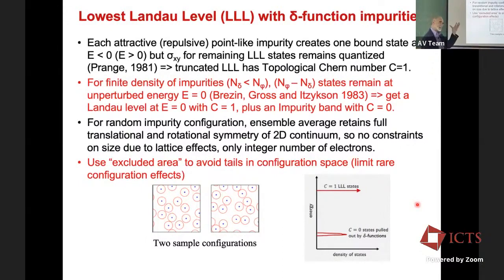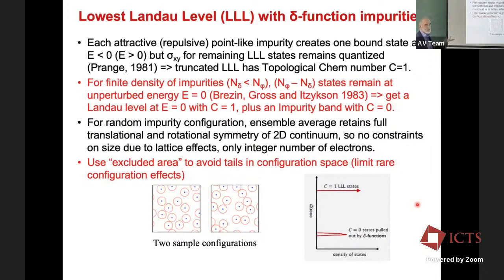Now that you've learned about thinking about Landau level wave functions in terms of their zeros, you can understand that by putting a zero of the Landau level wave function at the impurity, the impurity doesn't perturb it. So if you have N_delta impurities and N_phi flux quanta, N_phi minus N_delta states remain at the unperturbed energy level because they can put their zeros at the impurities.